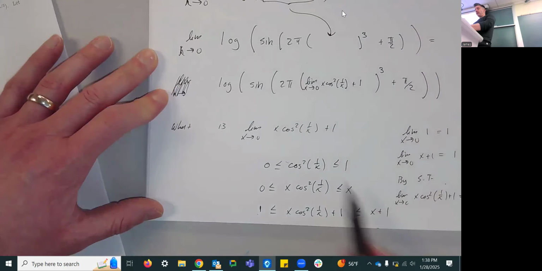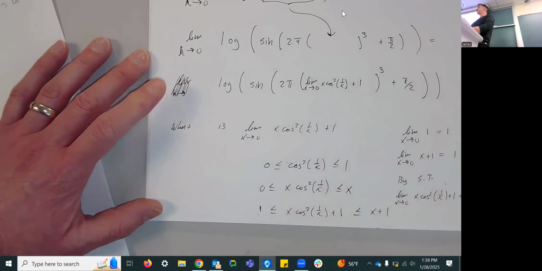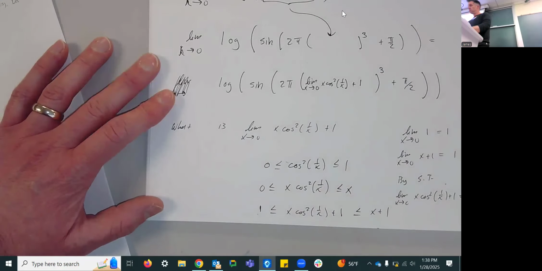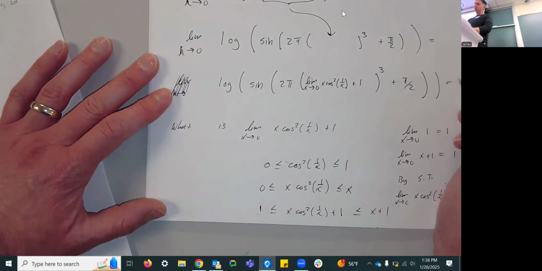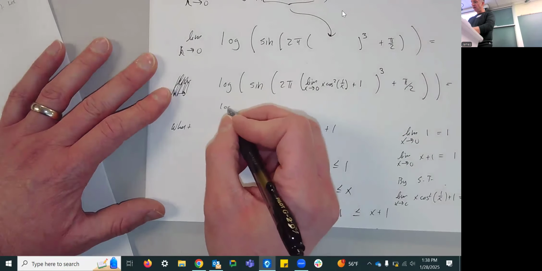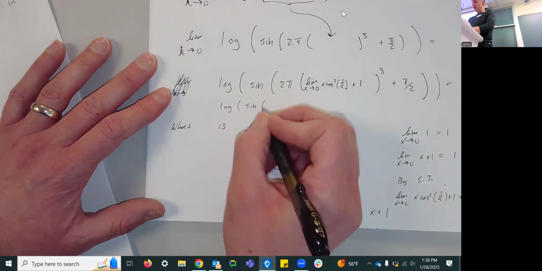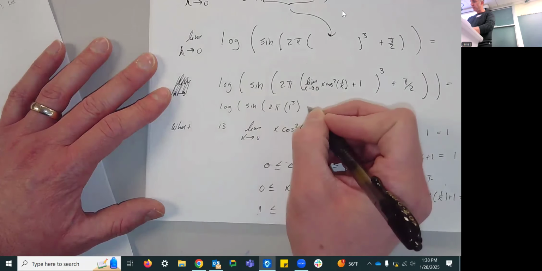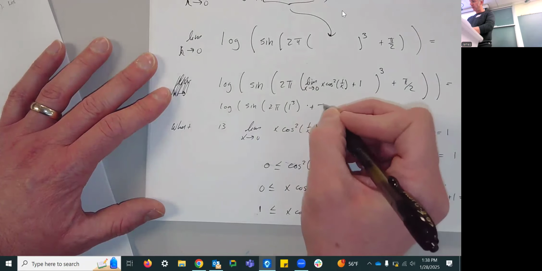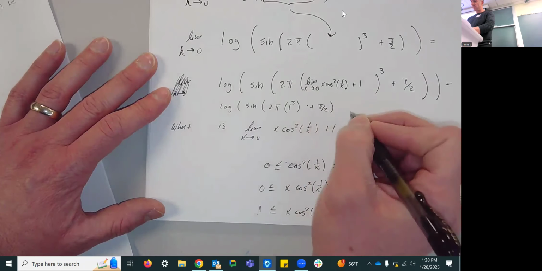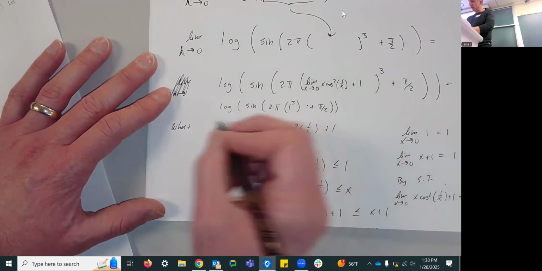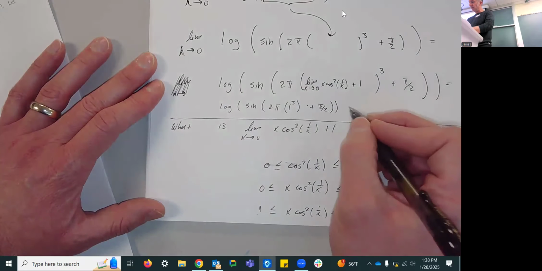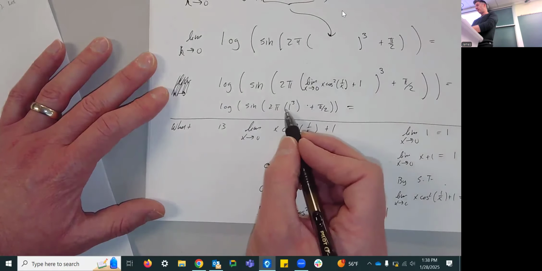And then we can say, great, that means this whole thing is equal to whatever terrible thing it's equal to. It's going to be equal to the log of the sine of 2 pi times 1 cubed plus pi over 2. And then that's going to be, let's see, 2 pi times 1 is 2 pi plus pi over 2.